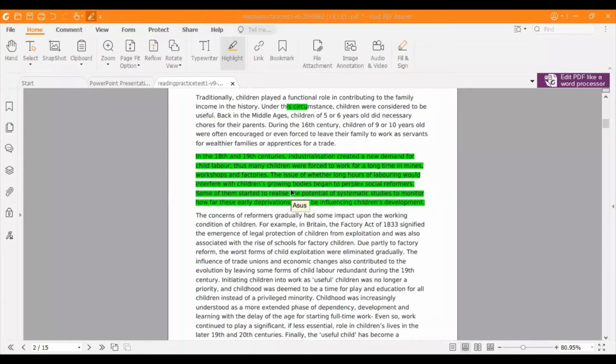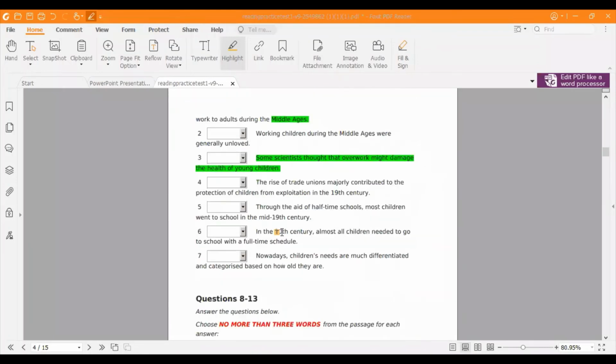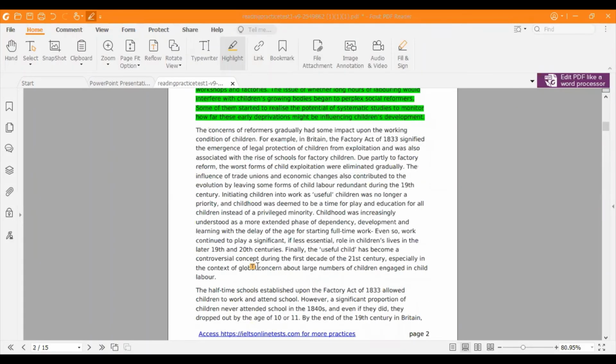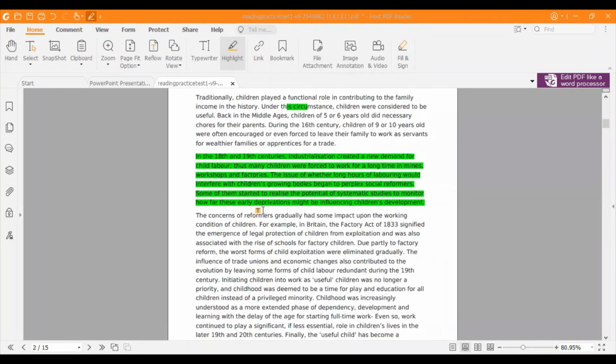All right, so the question says here, some scientists thought that the overwork might damage the health of young children. The overwork, so when you work for long hours, it might affect, for example, your health, or something is going to happen to the children.